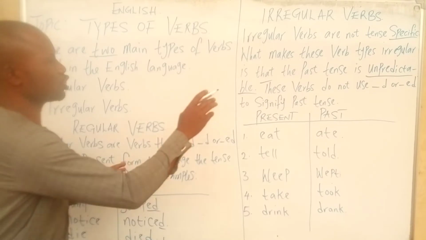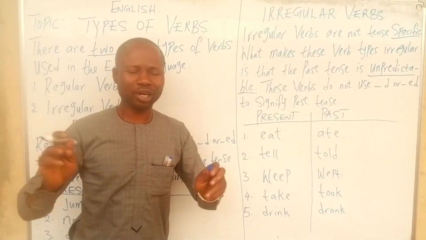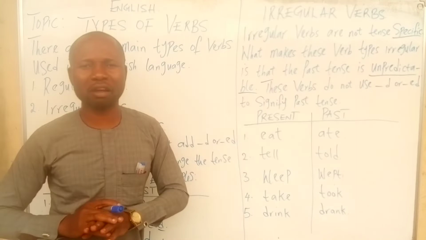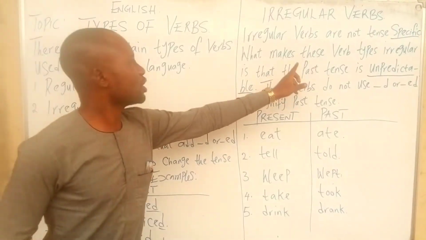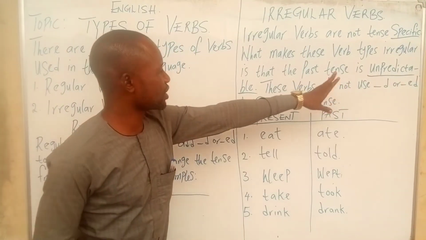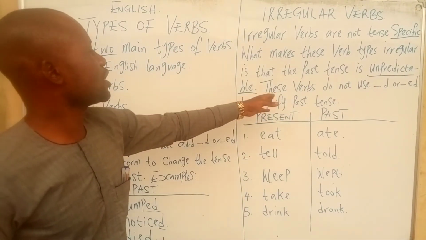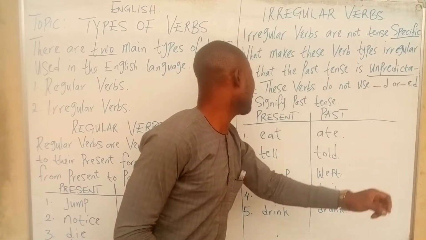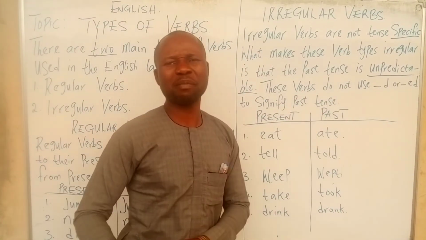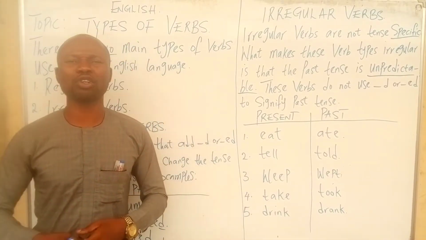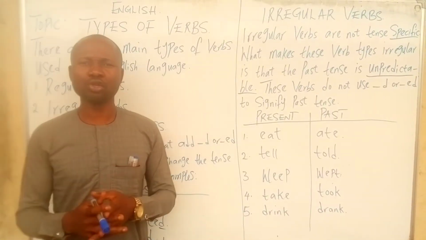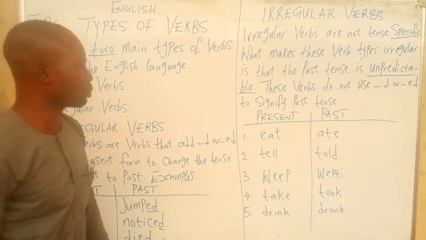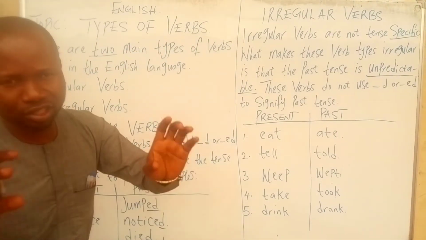Once you get these two things, you are already on your way to perfection. In fact, you are a good English student. So please, irregular verbs, we cannot predict them. Now let's look at it. These verbs do not use d or ed to signify past tense. That means we can't predict it. It depends on the words we are given before we know how to change to the past. Now let's quickly look at these 5 examples and we end today's teaching.